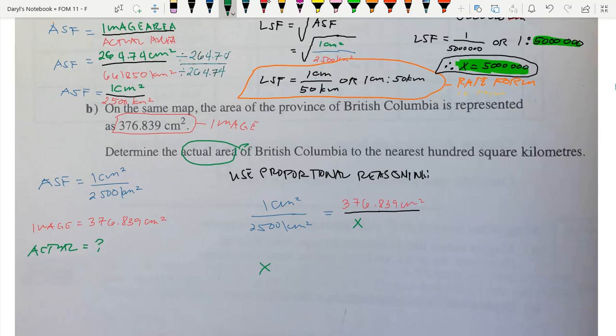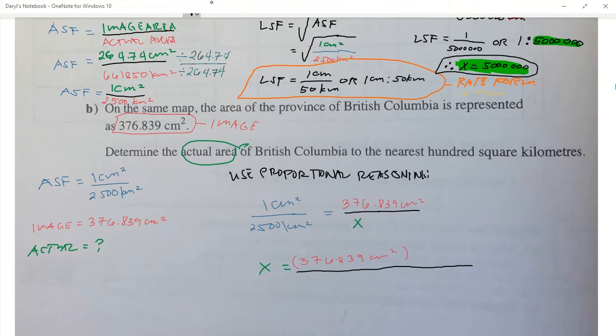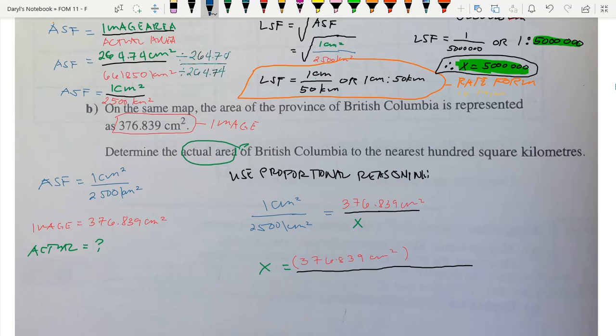So x is equal to 376.839 cm squared times 2,500 kilometers squared, all over 1 cm squared.